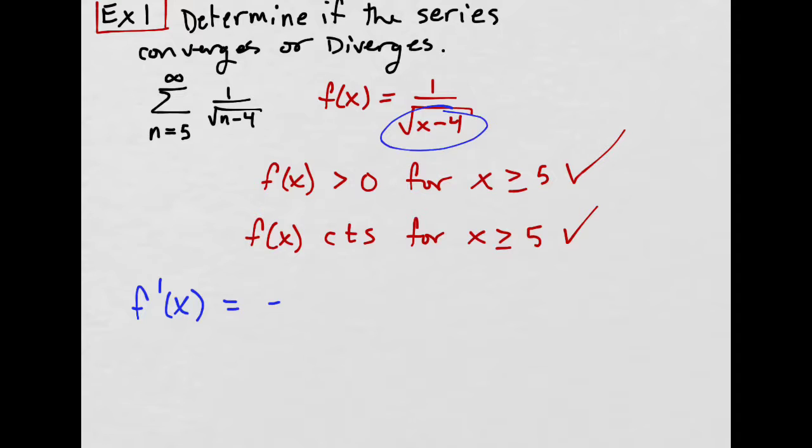The derivative of the bottom, that'd be using chain rule, but the derivative of x is 1. So we have low d high minus high d low. That'd be 1 over 2 square root of x minus 4 times 1, all divided by the low squared, so that would just be x minus 4.